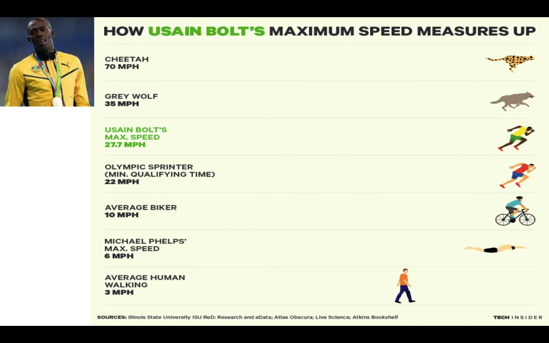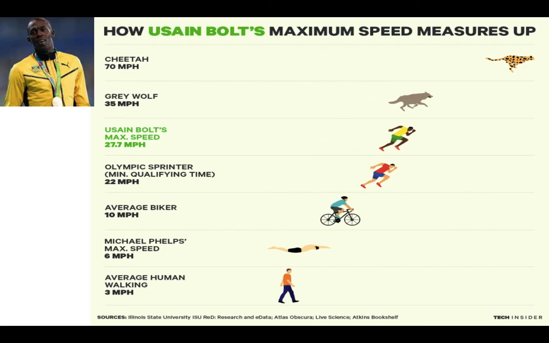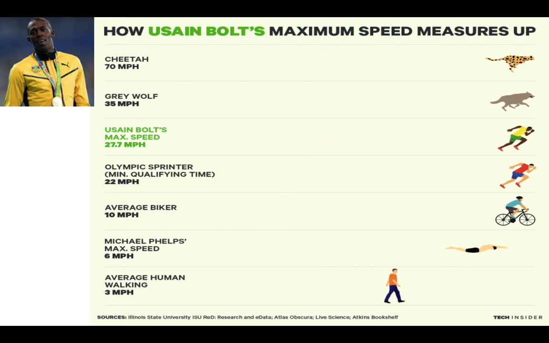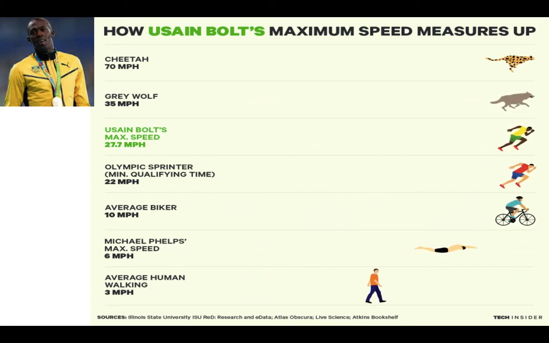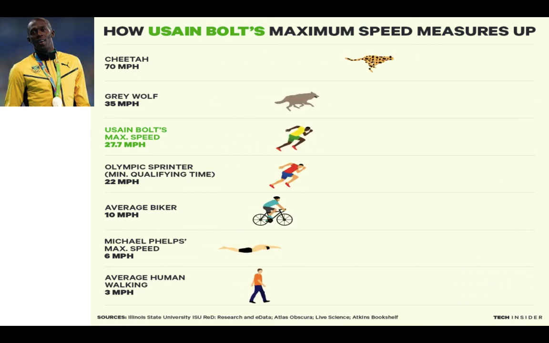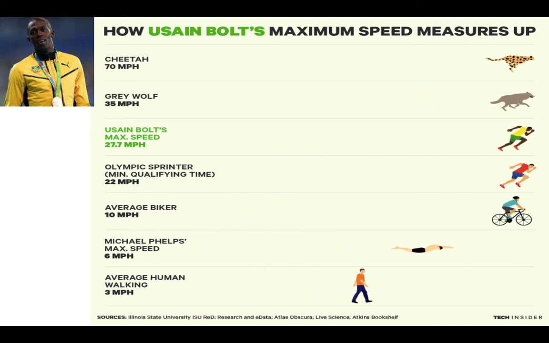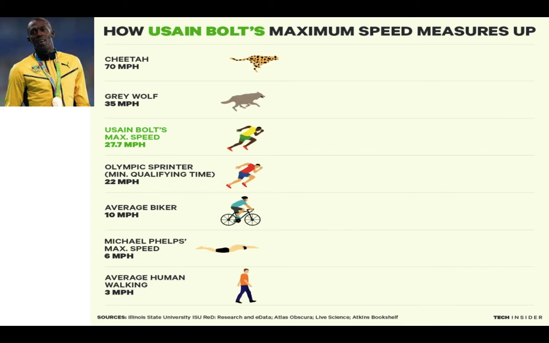Maybe you've heard of Usain Bolt. Usain Bolt is recognized as the fastest man in the world. He has world records in both the 100 meters and the 200 meters. And here's how Usain stacks up with some other things. Notice all relative. Usain is fast, but he's nothing compared to the cheetah.